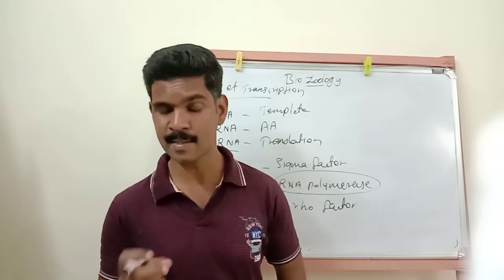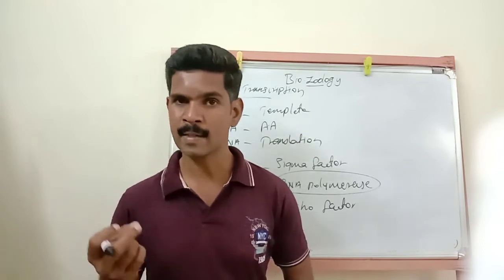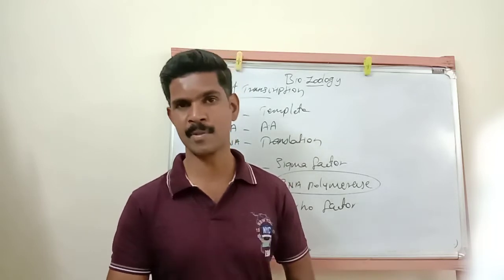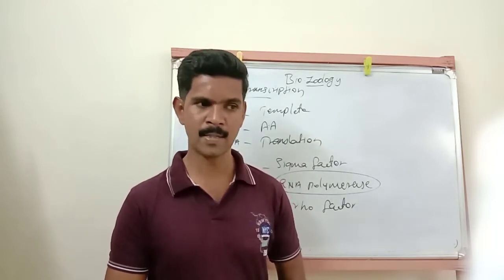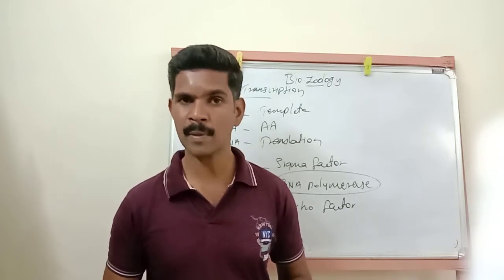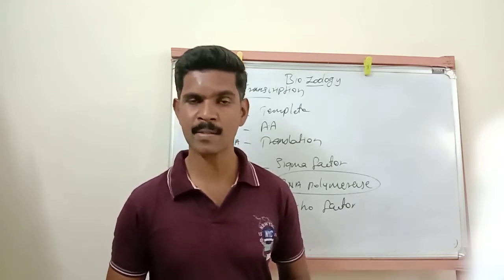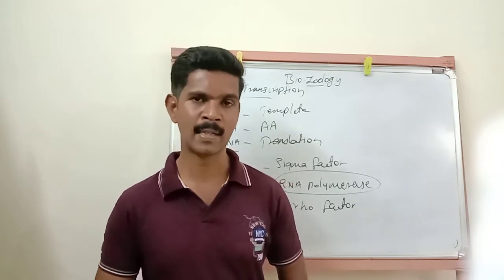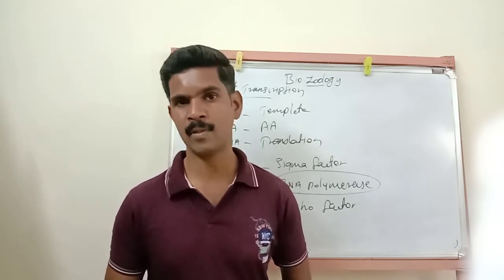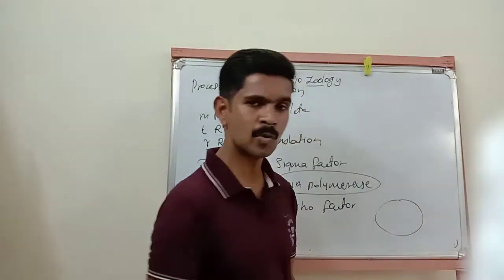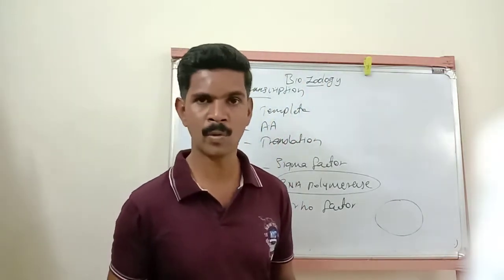Sometimes in a bacterial cell, the translation process takes place earlier than the transcription process, because inside the bacterial cell, the nucleic materials or the genetic information are not separated from the other cell organelles by a nuclear membrane. You all know a bacterial cell has no particular nucleus, so there is no nuclear membrane.